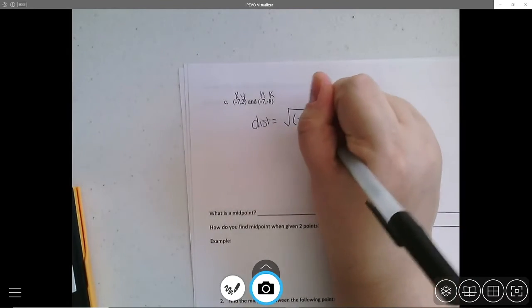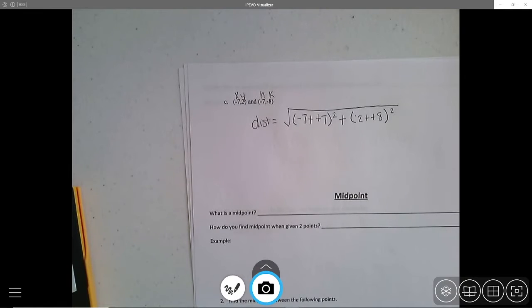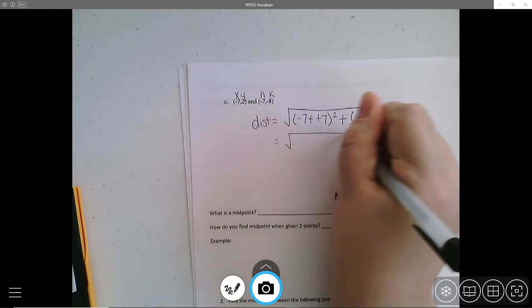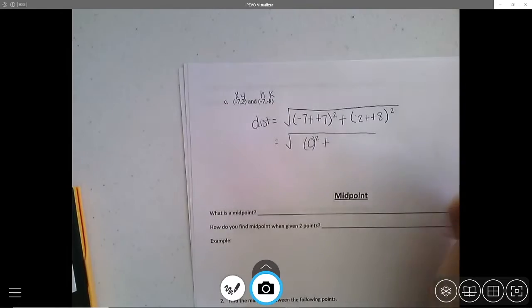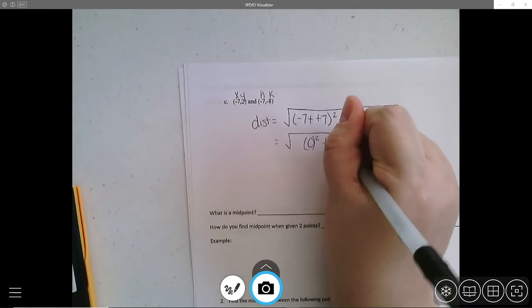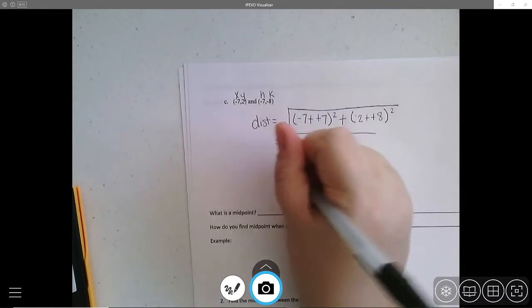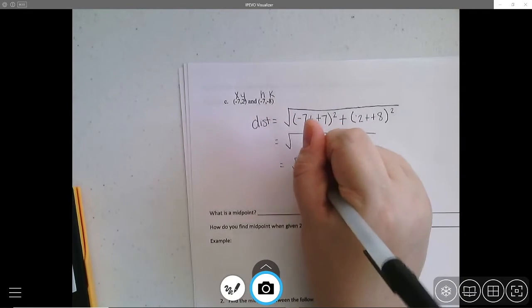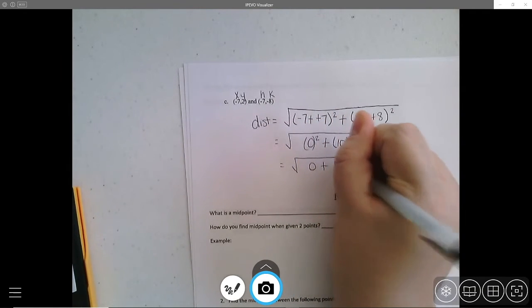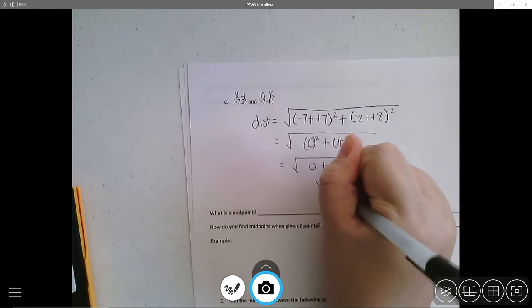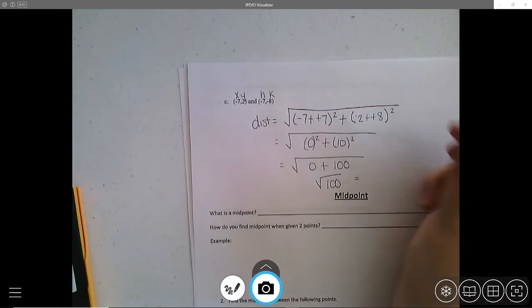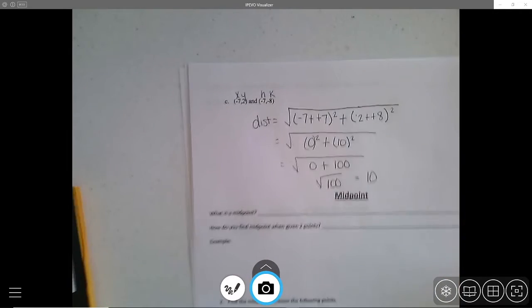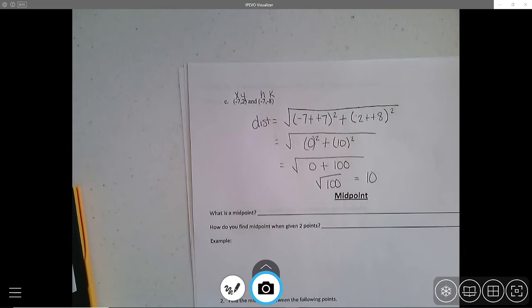Anytime they're minus and negative, those both change to a positive. So this is the square root of negative 7 plus 7, so that would be 0 squared, plus 2 plus 8, that is 10 squared. This becomes the square root of 0 plus 100, which is the square root of 100. The square root of 100 is 10. 10 is my distance.